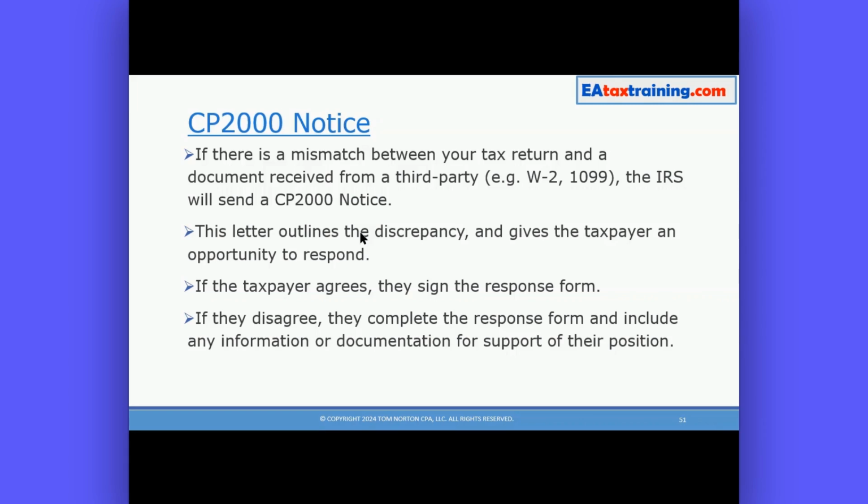But sometimes people make mistakes. So they might issue you a 1099 for income that you've already included on a different 1099, and there's going to be a mismatch. And so it could be that you have to write to the IRS and say, hey, here's what happened. This income was double counted, so I really didn't have that much. And you would just include whatever documentation that you had.